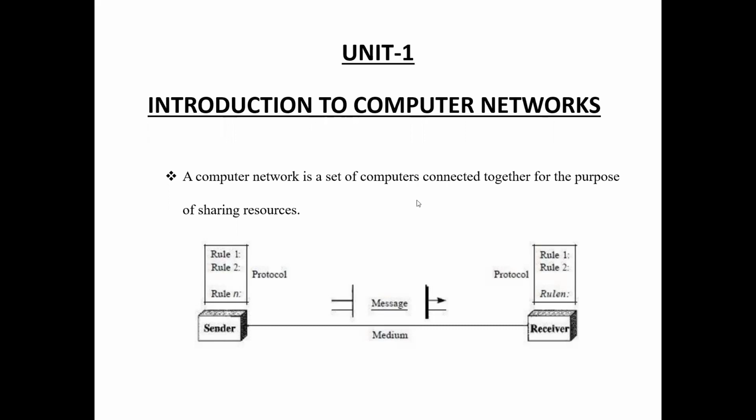Fourth, the transmission medium, the physical path by which a message travels from sender to receiver. Some examples of transmission medium are twisted pair cables, fiber optics, coaxial cables, and radio waves. And the last component, protocol, is a set of rules or standards. Without a protocol, two devices may be connected but not communicate.